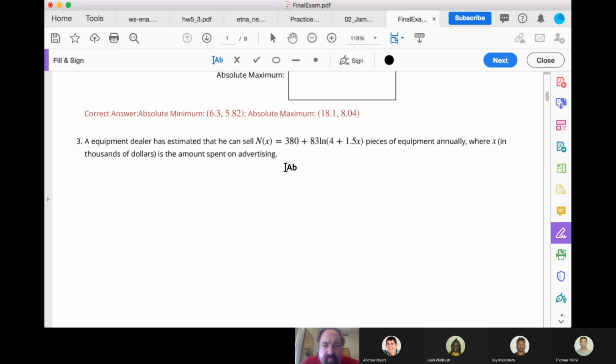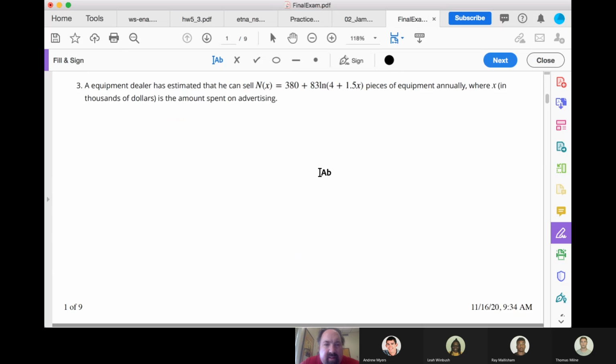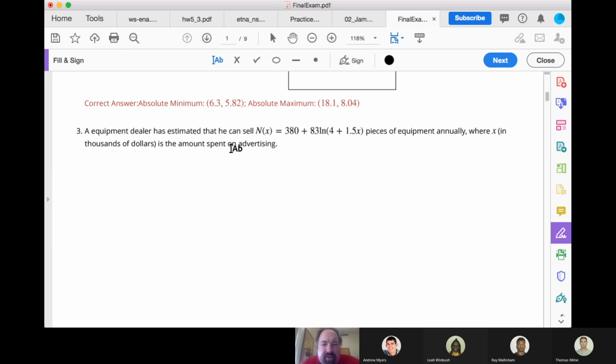Okay. So now we have, well, not the whole problem stated here on this page. Here's our function that describes how much is sold in terms of how much is spent on advertising. So that's x thousands of dollars in advertising. So this function, okay, 380 plus 83.